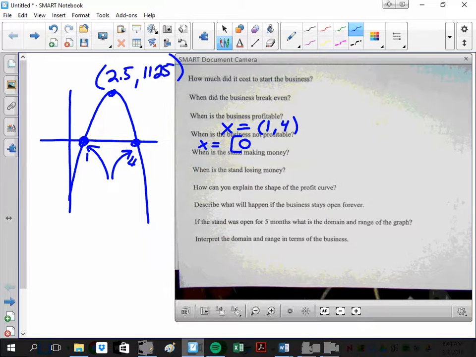So the graph is negative at that point. Okay? For that same piece, what is the largest x value? 1. Now, does 1 represent a point that is below the x-axis? No. It's on the x-axis. So that would be a parenthesis.